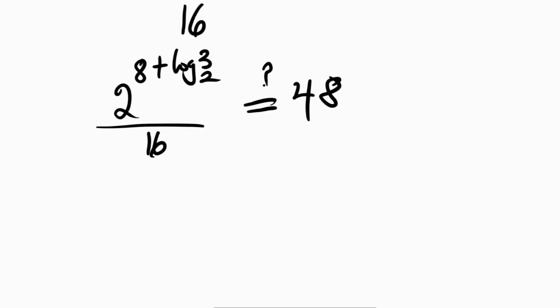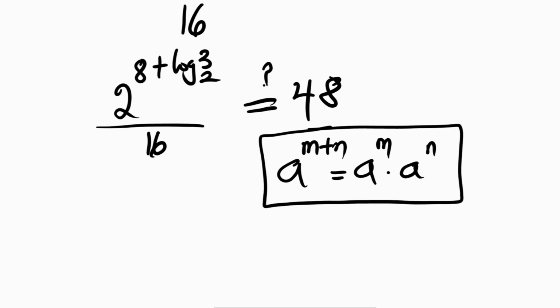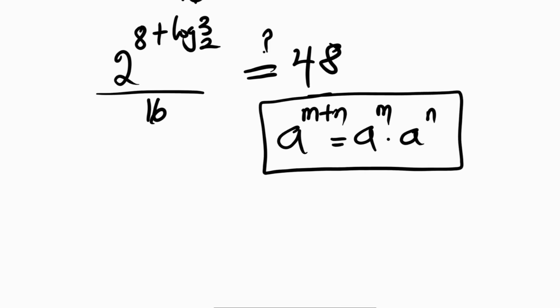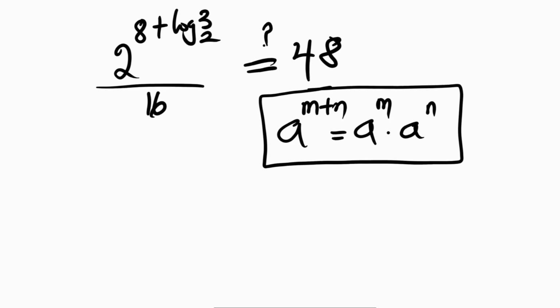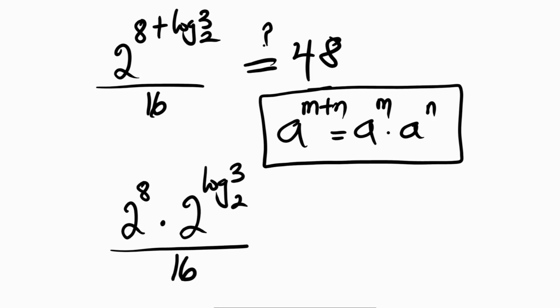Now, a raised to the power m plus n is the same as a raised to the power m dot a raised to the power n. Let us apply this formula to the numerator part of the left-hand side of the equation. Okay, so the numerator becomes 2 raised to the power 8 times 2 raised to the power log of 3 base 2, still divided by 16.